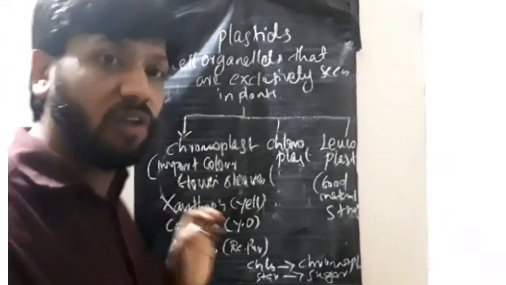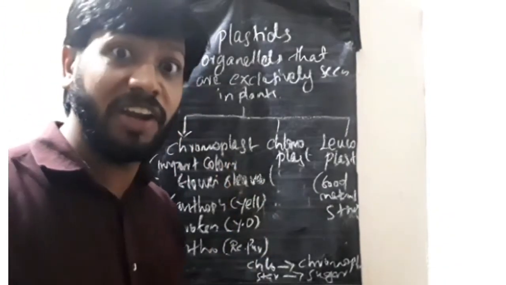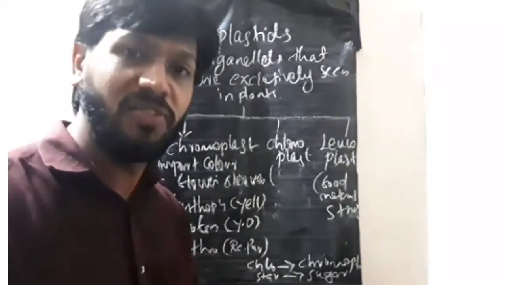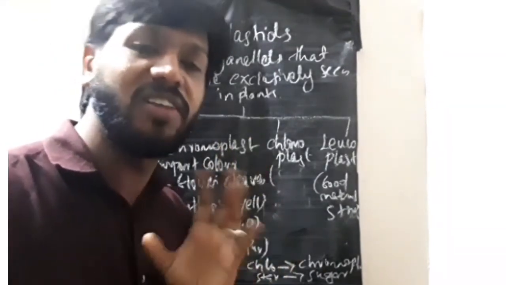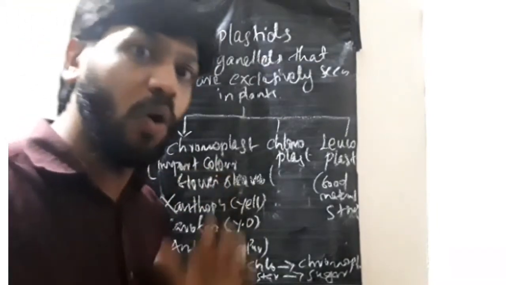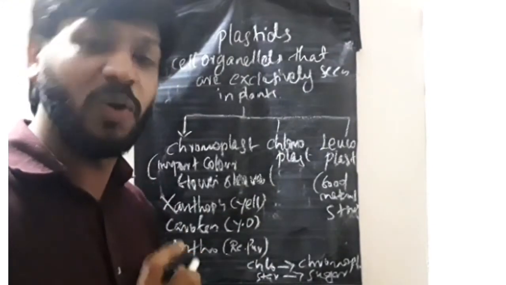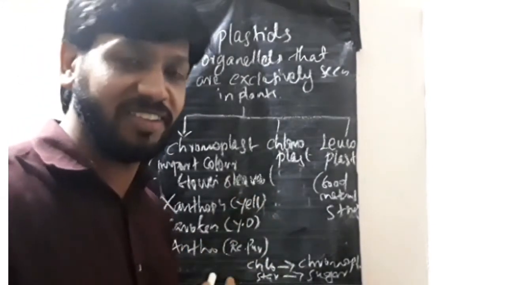Chromoplast imparts color to flowers and leaves, providing color to leaves, fruits, flowers, everything. You already studied the examples of chromoplast in lower classes.